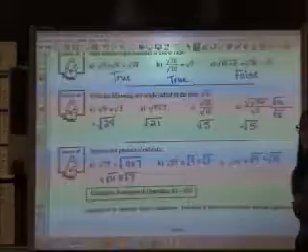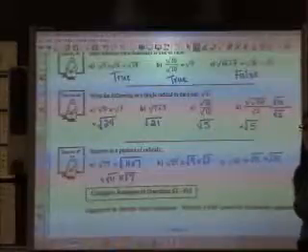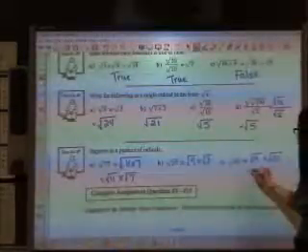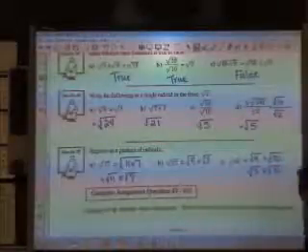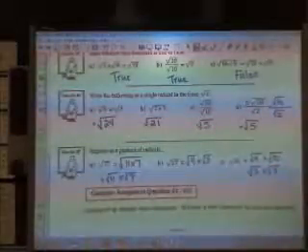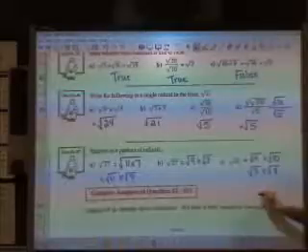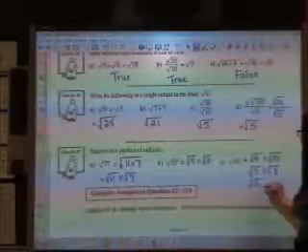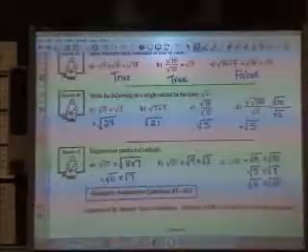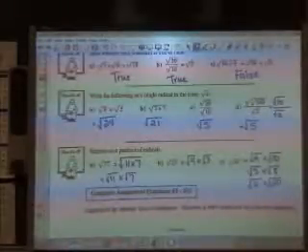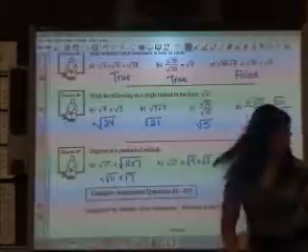Can I do another one? 5 and 8. Is there any other ones I could do? 2 and 20. So I could have 3 different products that would represent the square root of 40.